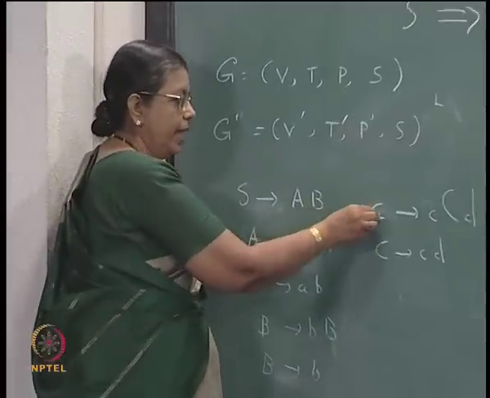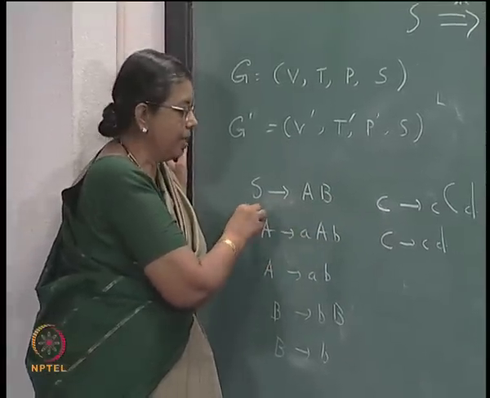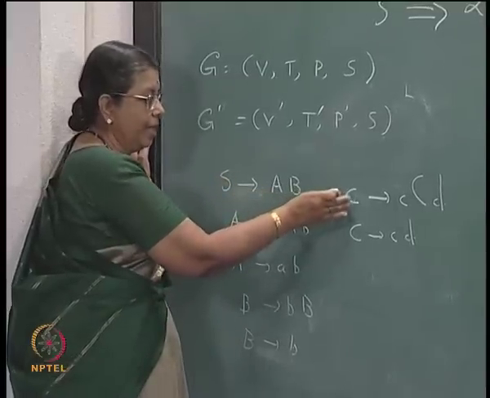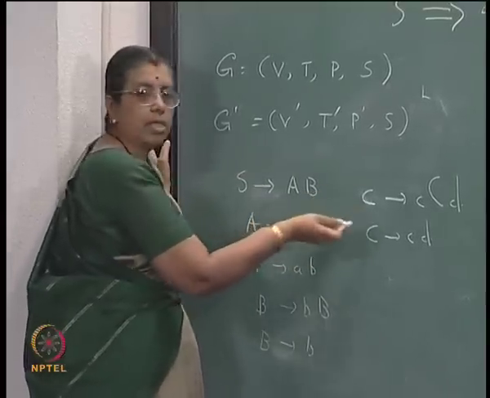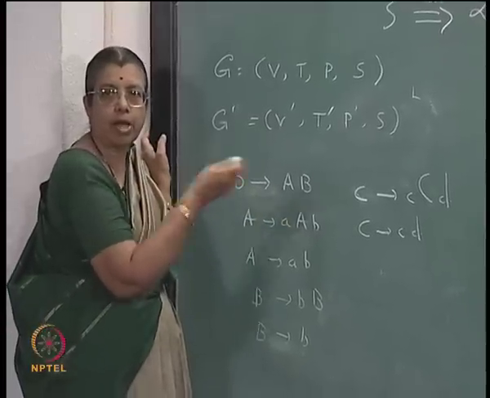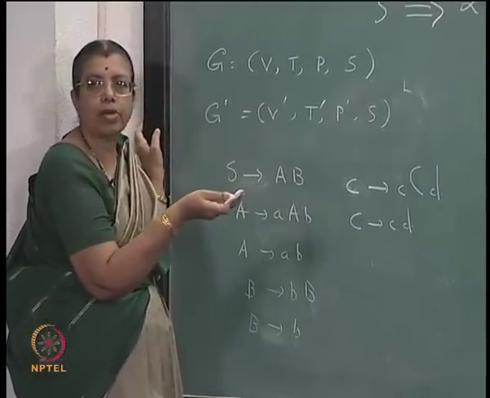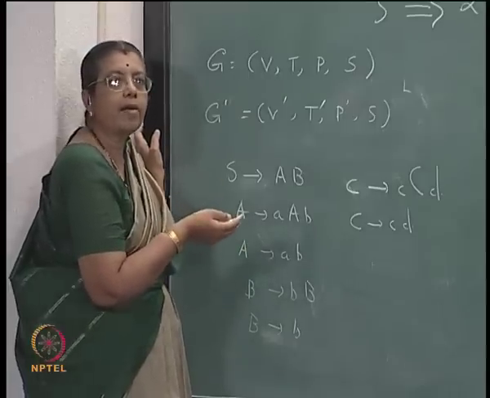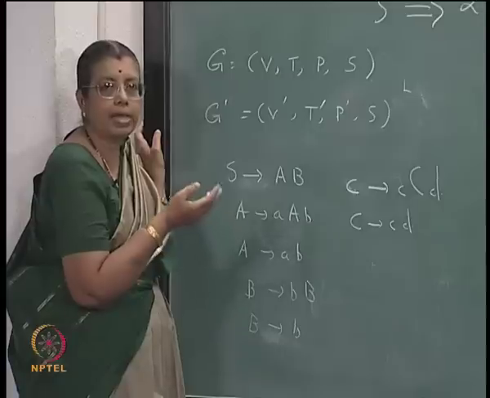You find that C is not reachable from S. From S, it is not possible to get a sentential form containing C. So, the rule is useless unless from the start symbol you are able to reach that non-terminal. That non-terminal is not going to contribute to anything. The language generated consists of terminal strings derivable from the start symbol.